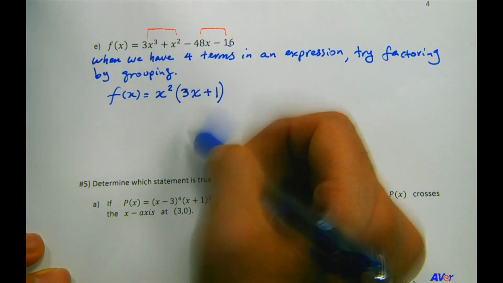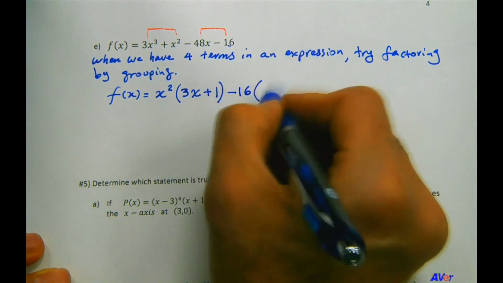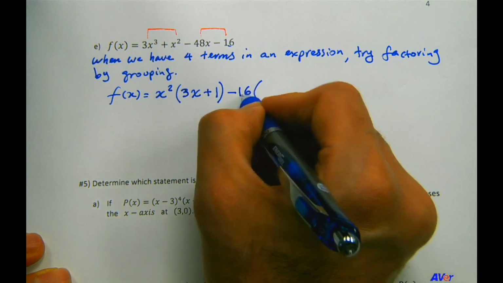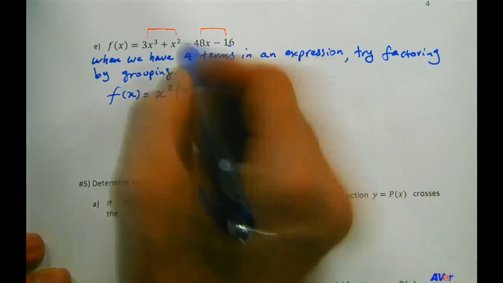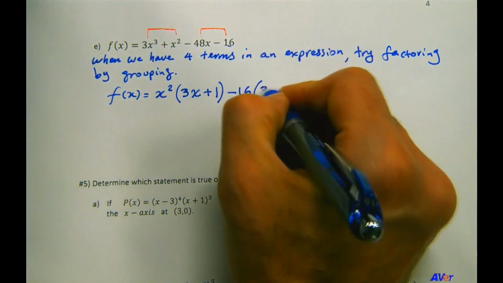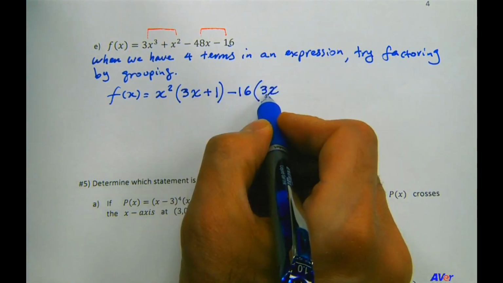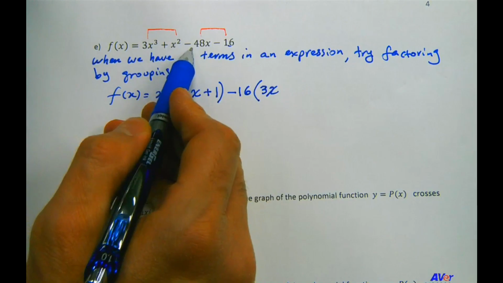Negative 16, right? Negative 16 times. What should I put here to multiply by negative 16 and get negative 48x? 3x, right? Negative 16 times 3x will give us negative 48x.